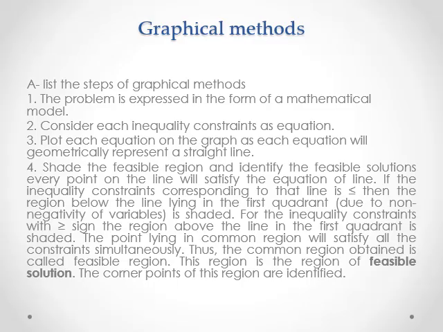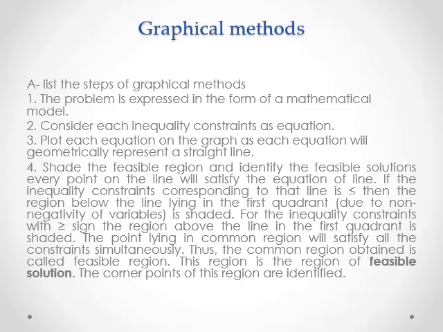If the inequality constraint corresponding to that line is less or equal, then the region below the line lying in the first quadrant, due to non-negativity of variables, is shaded.